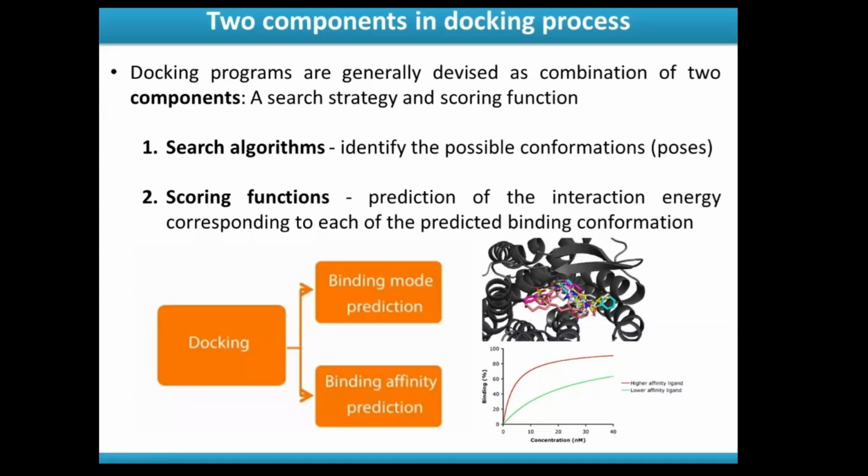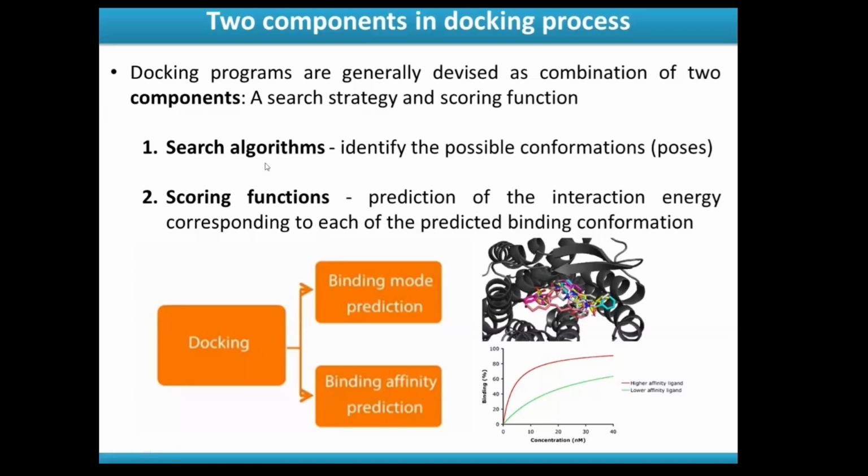And these conformers should be further bound to the target protein structure, and they must be scored in order to get some binding conformation. This scoring will be in terms of binding energy score, which is often referred to as binding affinity.